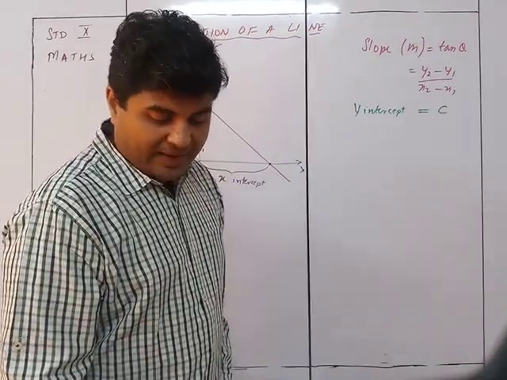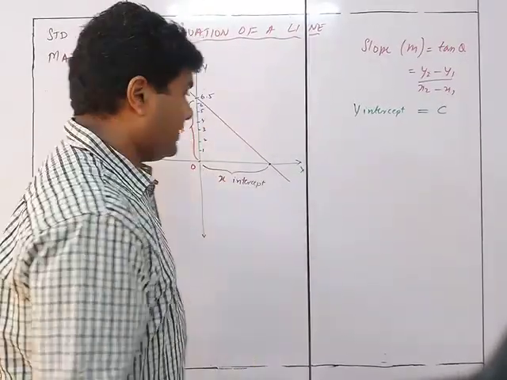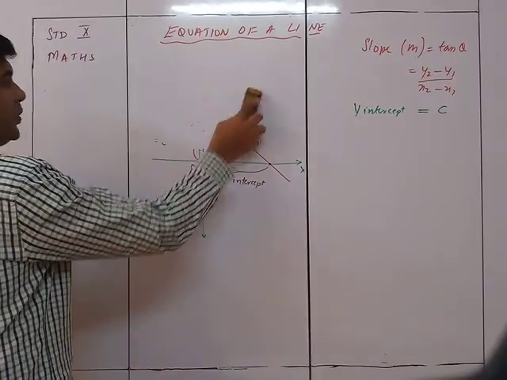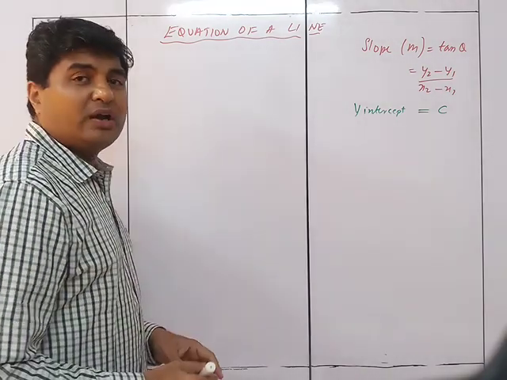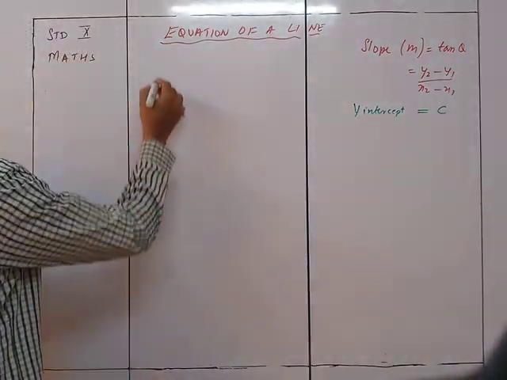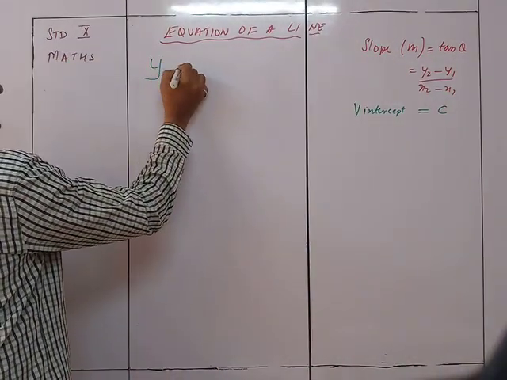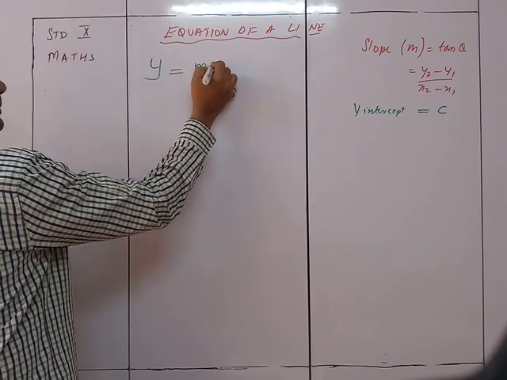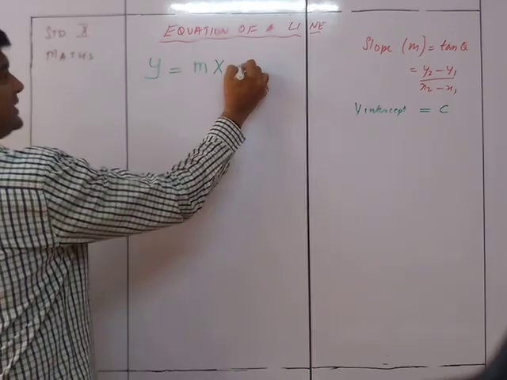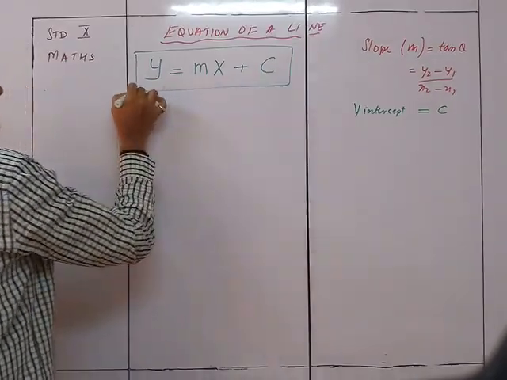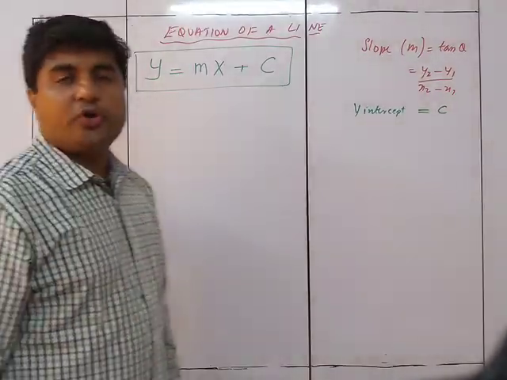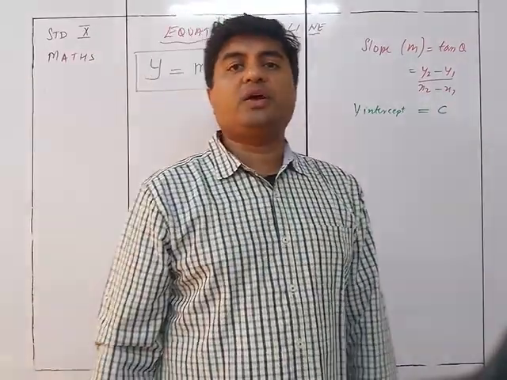Now let's see what an equation of the line is. The equation of the line has the general formula y is equal to mx plus c. This is the general formula of the equation of a line.